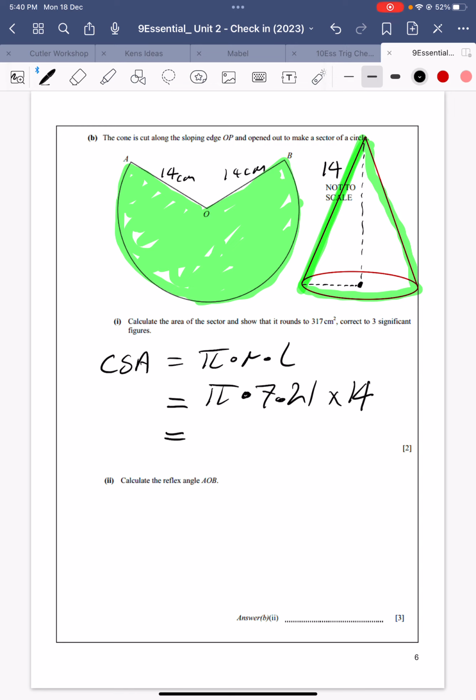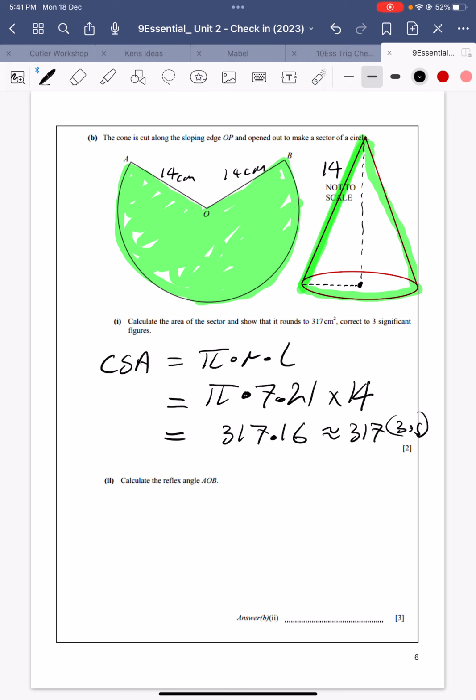And when we type that into our calculator, I'll do it one more time here, pi times, and again I've got the accurate answer for the radius, and then times the sloping height, 14, and I have 317.16, so that is 317 to 3 sig fig as needed.